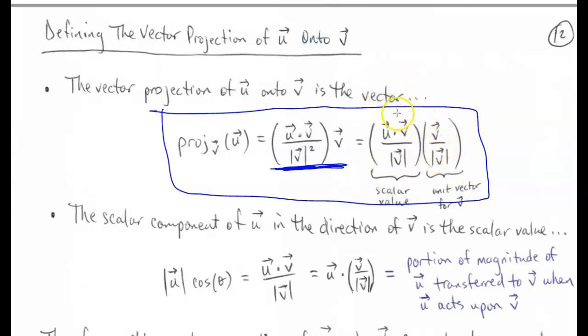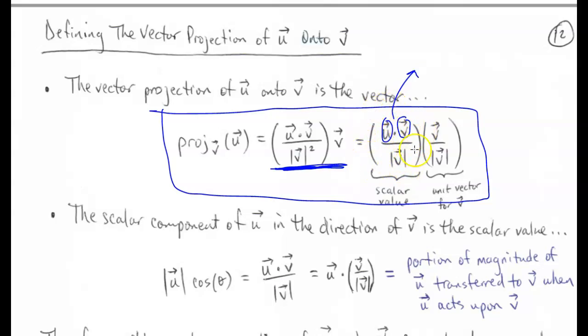Okay, now what this scalar value is here, this actually ends up being, in the long run, how much of the magnitude of vector u is applied to vector v in the direction of v, okay?